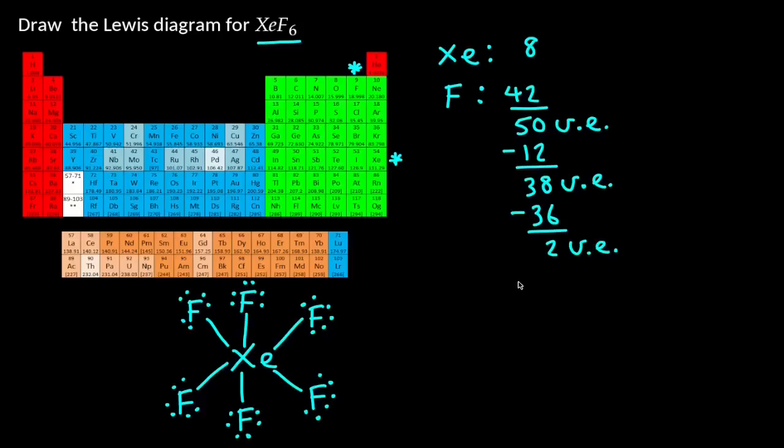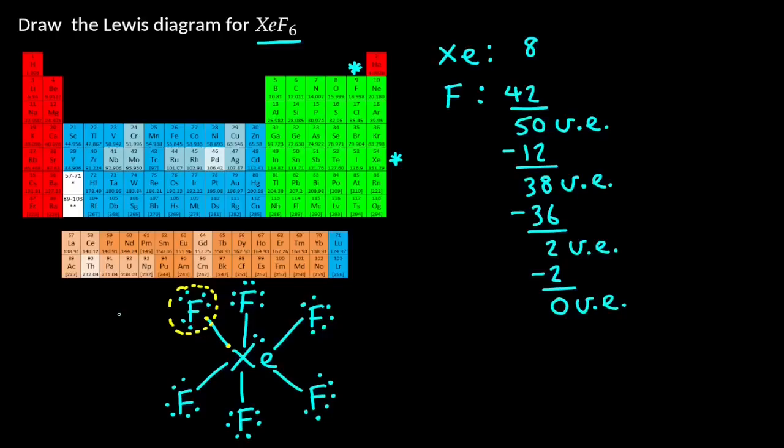And we assign the remaining electrons to the central atom. So now if we determine the formal charge for each atom, which assumes that the electrons are shared equally in each bond, so just draw a circle around each atom, and then subtract the assigned electrons from the valence electrons.